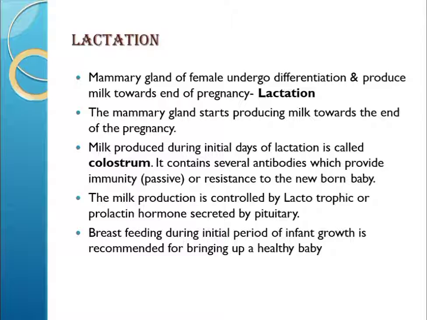Okay, then the milk production is controlled by the lactotrophic or prolactin hormone, which is secreted by the pituitary. Breastfeeding during the initial period of infant growth is highly recommended by doctors for bringing up a healthy baby.